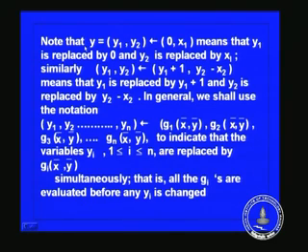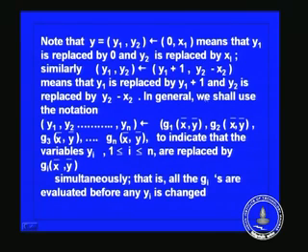Just for explanation, see what is an assignment statement, how the variables are replaced. y1, y2 is 0, x1 means y1 is replaced by 0 and y2 is replaced by x1. Similarly, y1, y2 is replaced by y1 plus 1, y2 minus x2 means that y1 is replaced by y1 plus 1 and y2 is replaced by y2 minus x2.